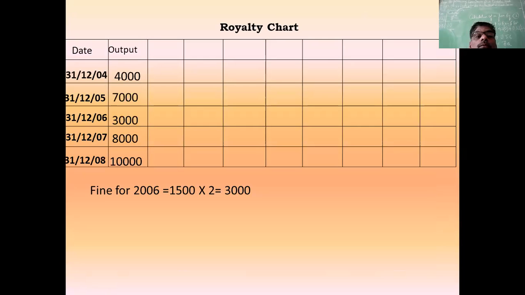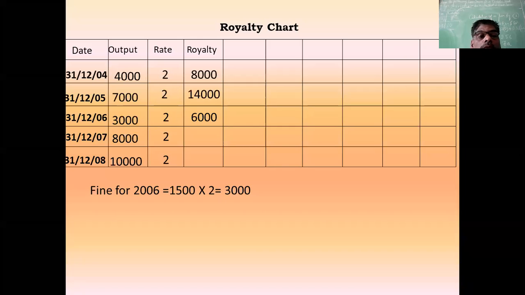Next, rate of royalty: 2 rupees each year. Multiply, and you will get the royalty. Royalty is first year 8,000, second year 14,000, third year 6,000, fourth year 16,000, fifth year 20,000.